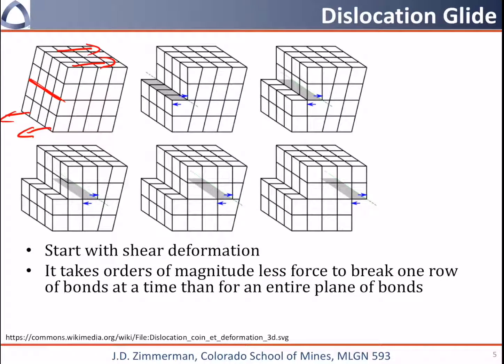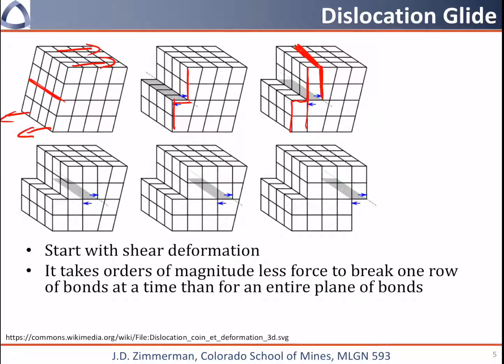So this one row of bonds breaks, and then you get a little bit of relief of the shear forces here. So we've relieved some of the shear forces, and we kind of see an offset at the edge of this crystal. If this progresses a little bit further, what we see is here is kind of we have bonds have reformed here, and we now have this extra plane of atoms inserted into the crystal here.